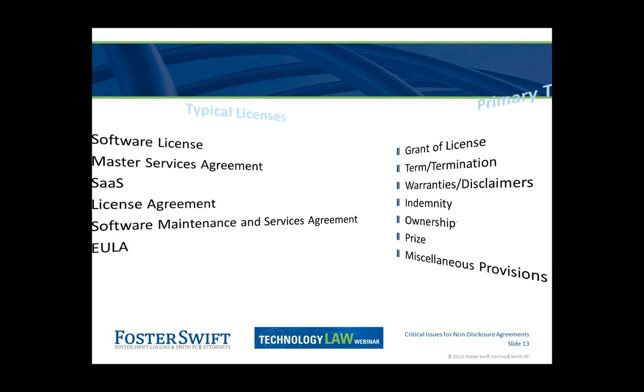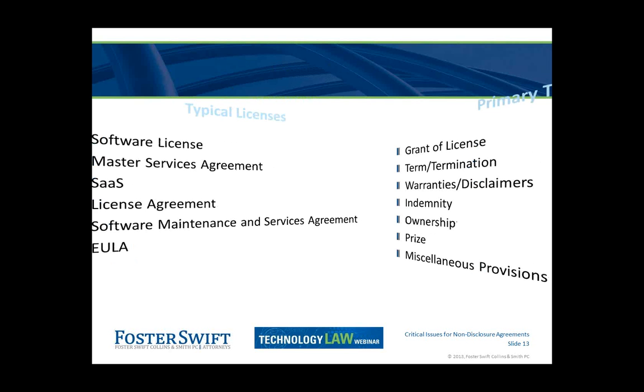And go through this, because you're going to find at the beginning of the license agreement the grant or the scope of the license. You're going to see the term and termination. How long does it last? How does it end?